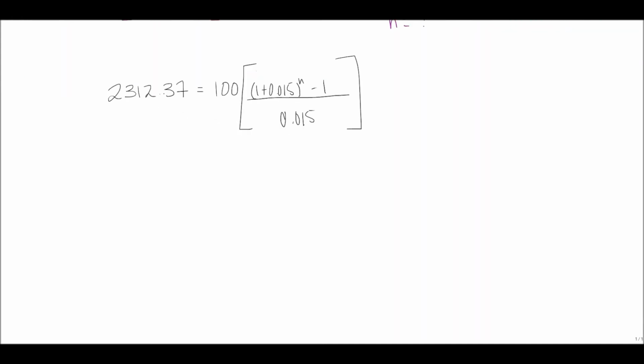Let's start by dividing out 100, because what we're looking at is 100 over 1. So let's get rid of that and bring it over to one side.